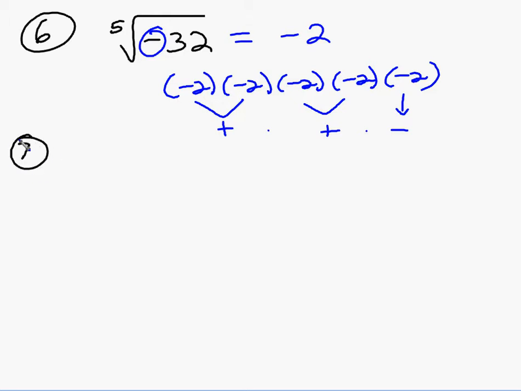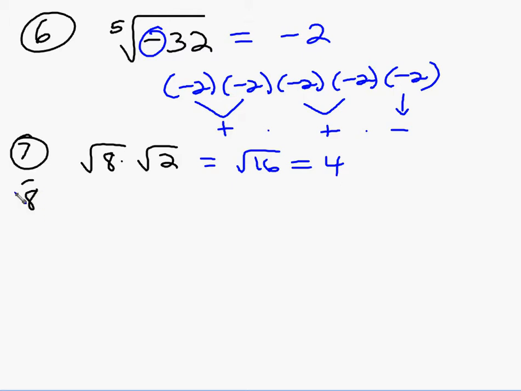Lots of different ways these can look. Let's go to this one. How about the square root of 8 times the square root of 2? Can I multiply underneath radicals? Can I multiply the 8 and the 2? I sure can. So this becomes the square root of 16, which is 4. Okay, just multiply under the radicals.